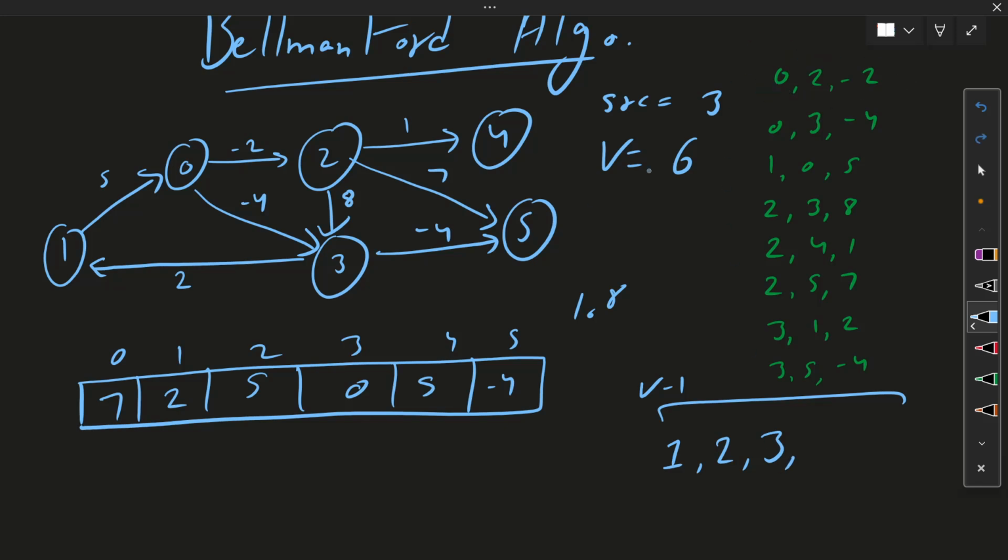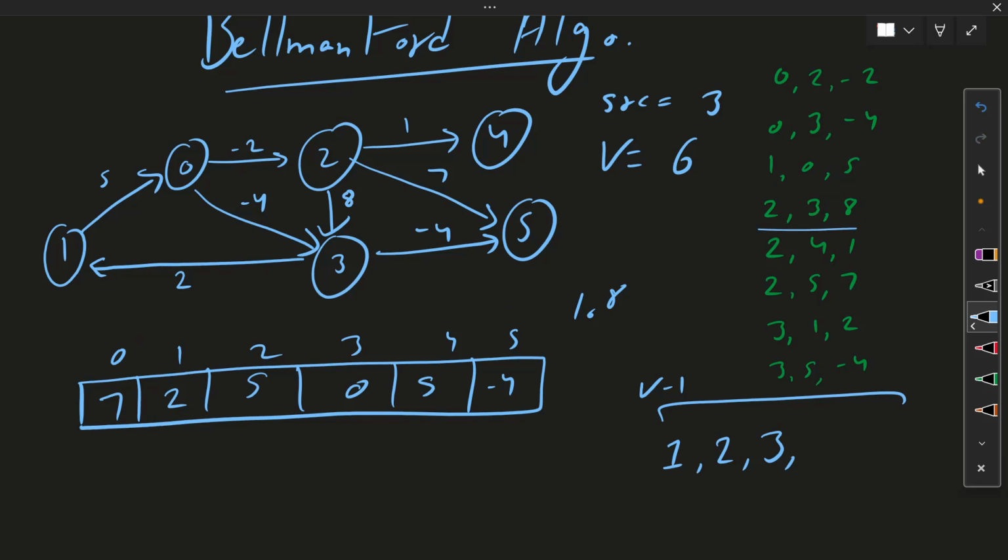Next, one more iteration. 0 to 2. The total cost will be to reach 0, then to reach 2 further minus 2, so no need to worry. Then 0 to 3. 7 plus minus 4, which is equal to 3. So a negative value is also there, no need to worry. Then we have 1 to 0. 2 plus 5, 7. 7 is already there.